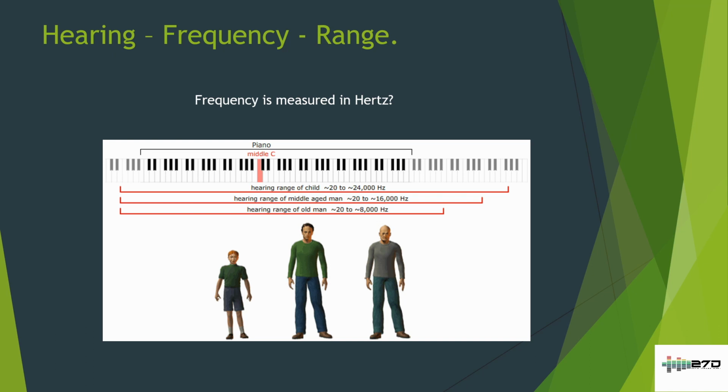As we get a bit older and start battering our ears with loud music, that kind of disappears off. We can see the range of a young kid, 20 to 24k, a hearing range of a middle-aged man of 20 hertz to 16k, and the hearing range of an old man. Don't want to put an age on an old man with you. We can see them with their grey hairs.